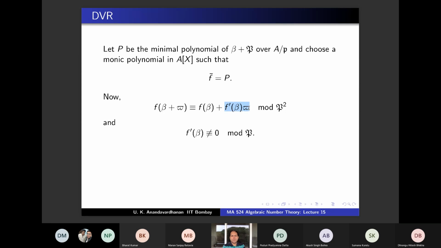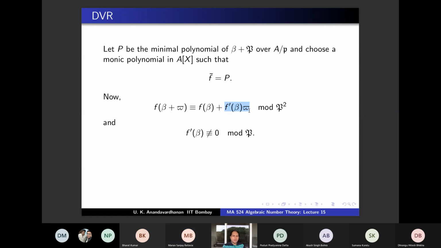So what is the valuation of this product? Valuation is additive. The valuation of a product is the sum of the valuations. So this means f prime of beta is not in P. So that's a unit. So what is the valuation of this? Because of this condition, this has valuation 1.